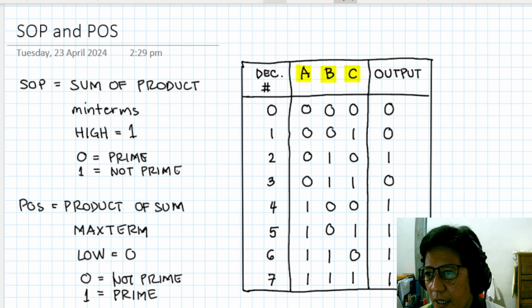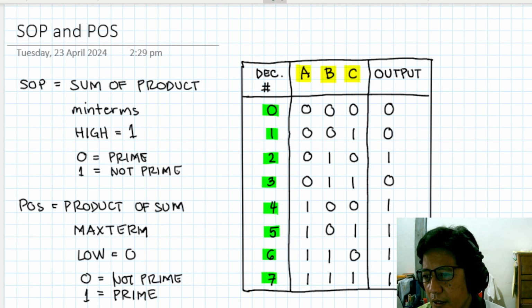And these 8 numbers are presented here as decimal equivalents 0, 1, 2, 3, 4, 5, 6, and 7. Now, for the output, we have the following for our discussion.